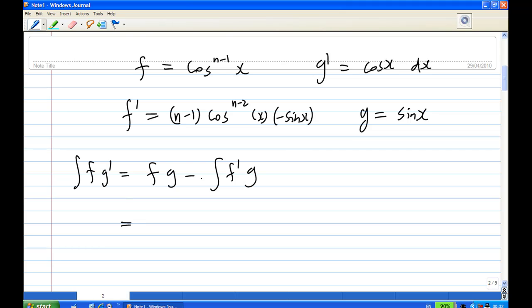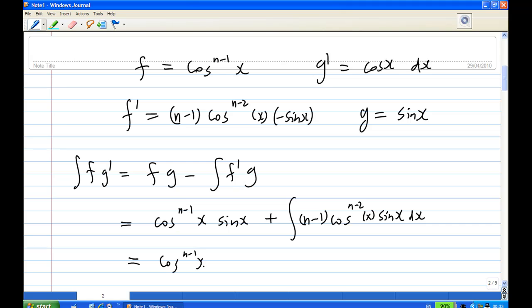So put this inside. f times g is cosine power n minus 1 x times sine x. And then the minus becomes plus already: the integral of n minus 1 cosine power n minus 2 x sine x dx.